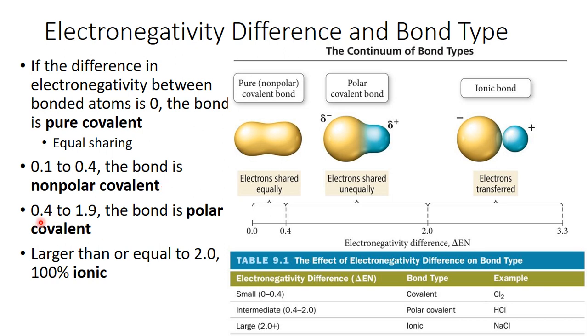If the difference in electronegativity is 0.4 to 1.9, as shown here, you have a polar covalent bond, where your electronegative atom will have more electrons than your positive one. And if the difference is greater than 2, you have a complete transfer of electrons and you're 100% ionic.